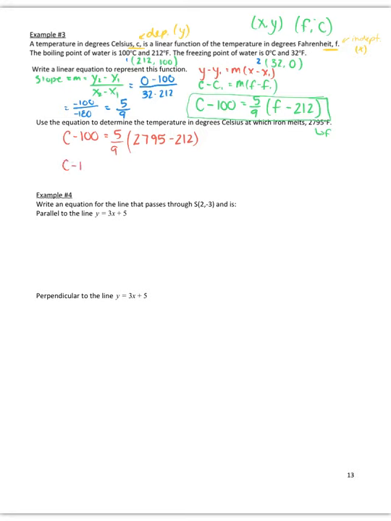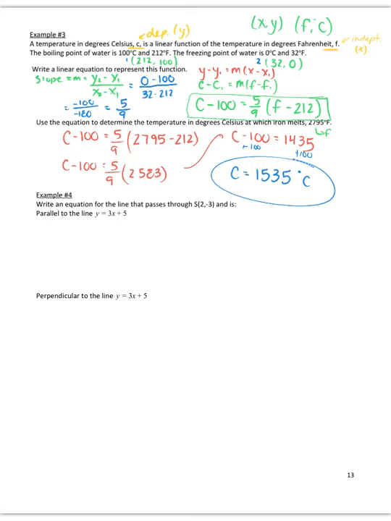So C minus 100 equals 5 over 9 times 2,583. Multiplying those two together, I get 1435. Last step is to add 100 to both sides. C is equal to 1535, and that would be degrees Celsius.